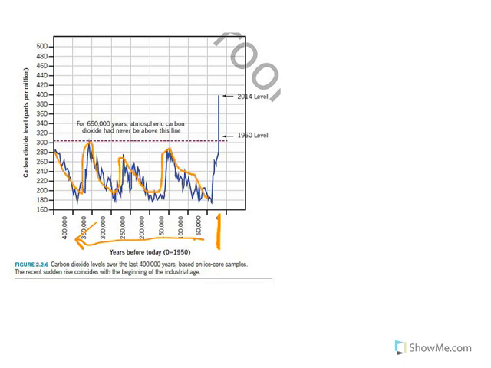Sometimes, like in these peak areas, the amount of carbon dioxide is more than at other times. That's kind of natural and has been happening. But what's been happening in recent times is that the carbon dioxide level is just increasing.